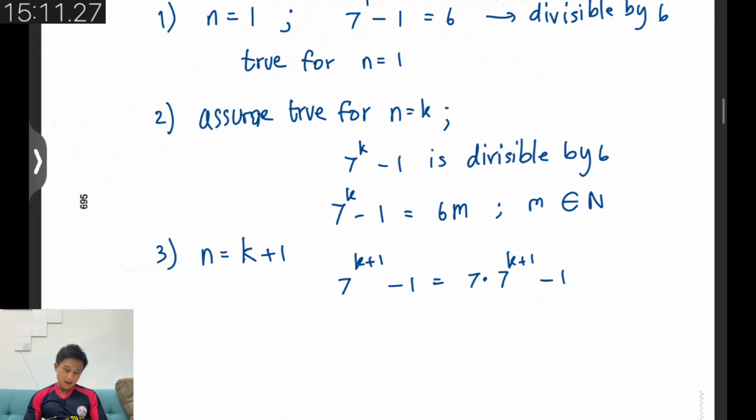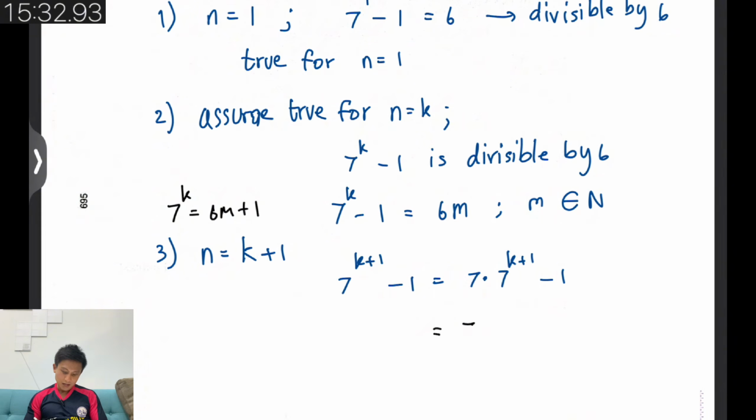And we have to make use of the assumption, because we already assumed it to be true. Having a look at that, if you make 7 to the k the subject, you're going to get 7 to the k equals 6m plus 1.